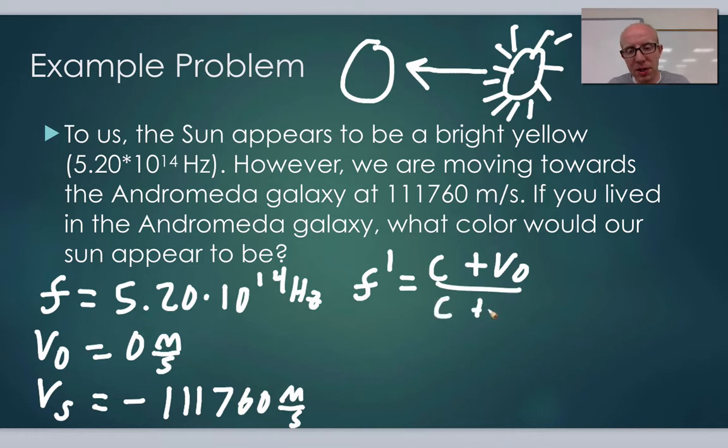Now if we put in our equation, f prime equals c plus v naught over c plus vs. Sorry, I keep saying v naught. It's really just velocity of the observer. And then we times that by the frequency. We can plug this all in, but remember, we're not using the speed of sound anymore.